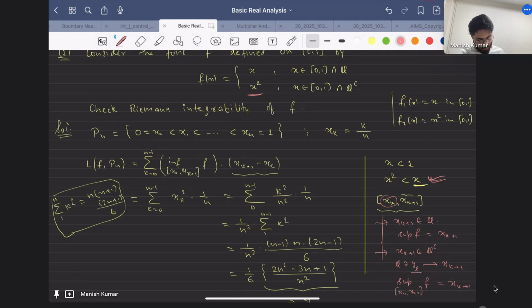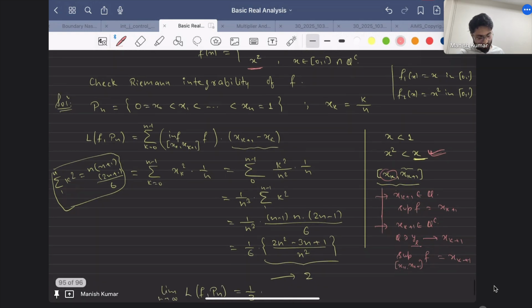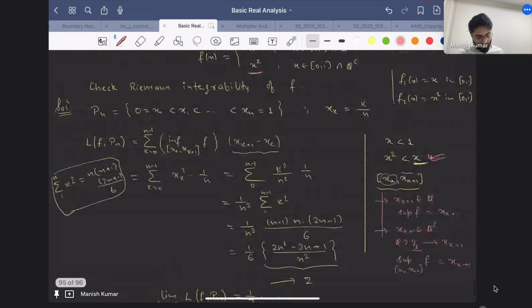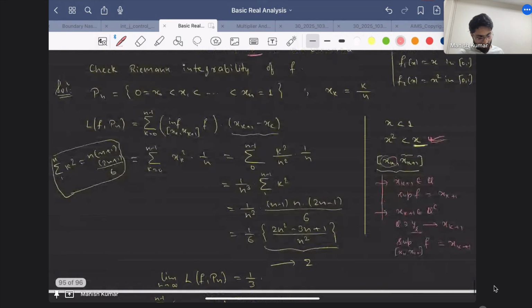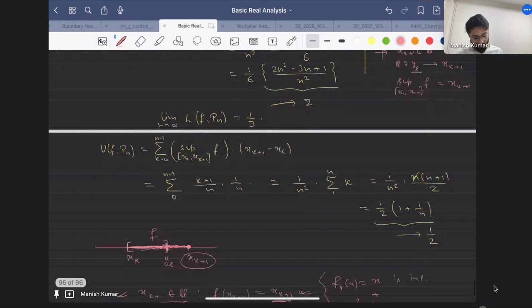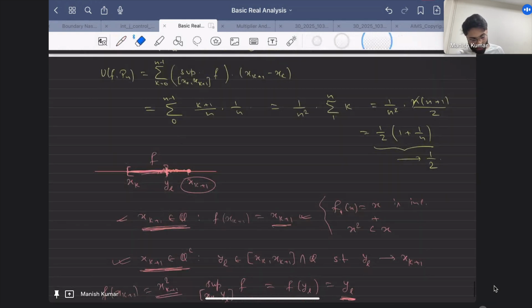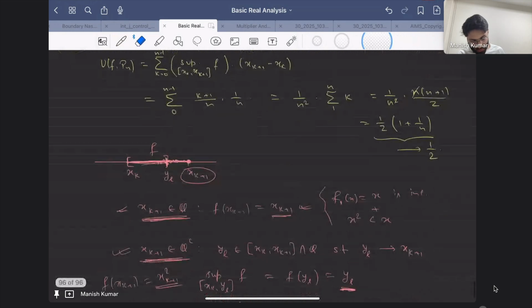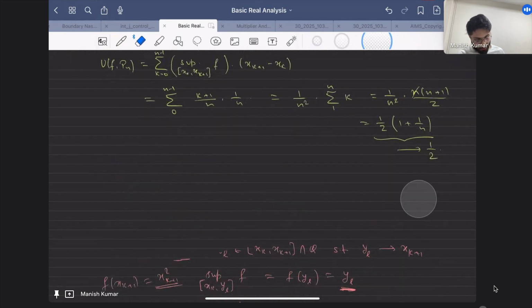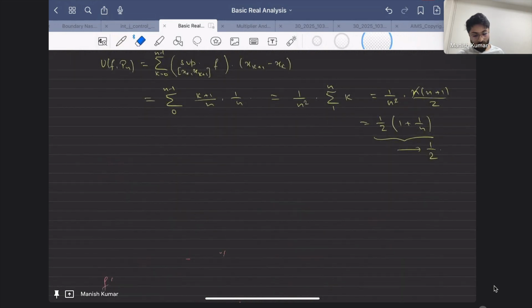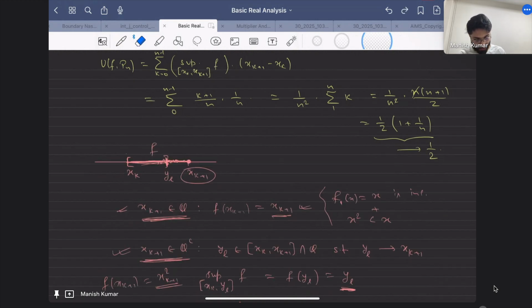So we don't even need this kind of argument. Here the xk's are always rationals. Okay, then it's much more simpler.